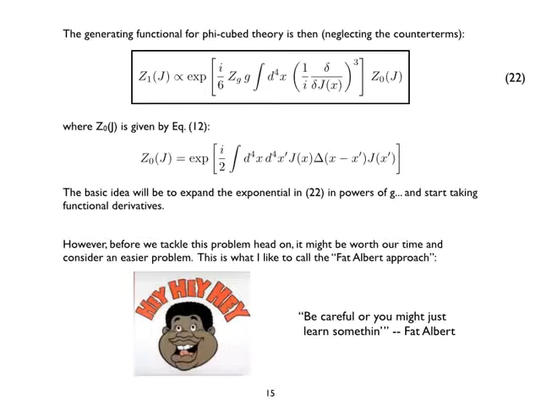So we compute the next order term, which would be like a phi to the 6th term. We'd have to take 2. It would be the next term in the expansion of that exponential there. So what we want to do is plug that in and start taking functional derivatives, and that'll give us basically the scattering amplitude.